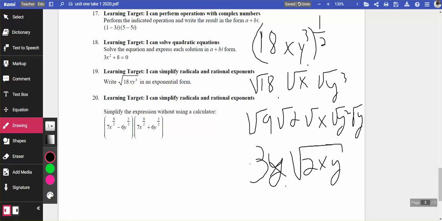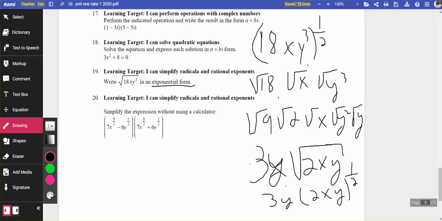That's what a lot of you did, but it says exponential form. So exponential form is 3y, and then you can go 2xy to the 1/2, right?